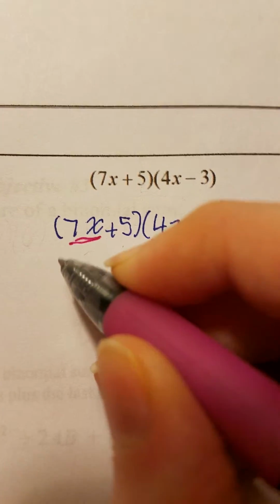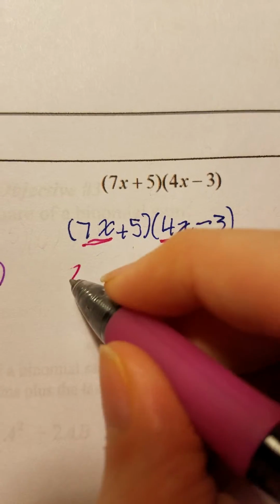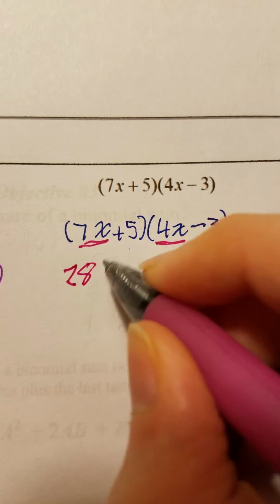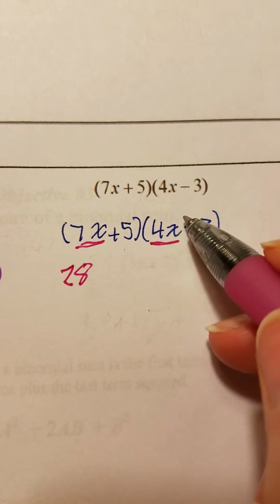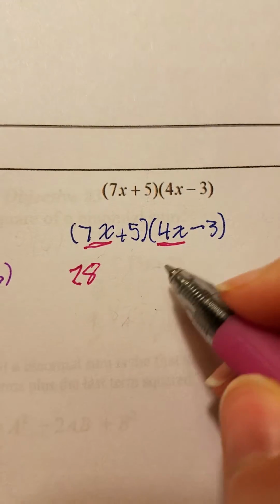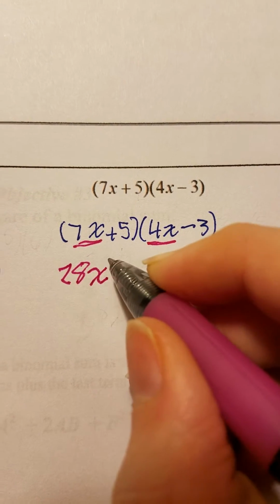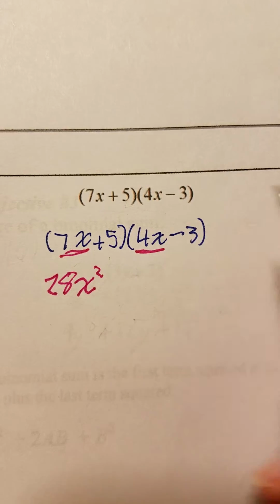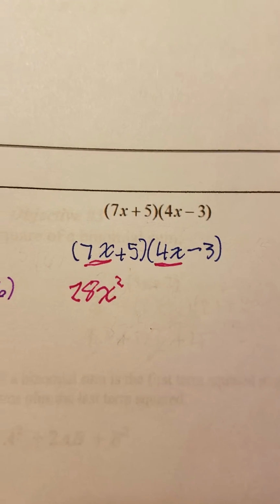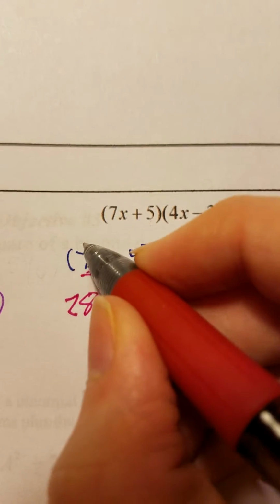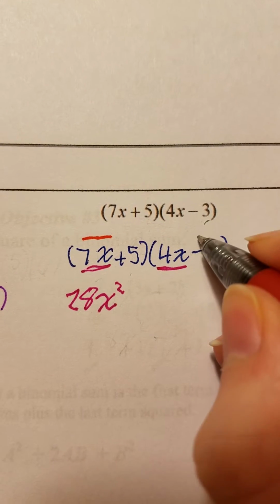Yes, 28. 7 times 4 is 28. Now, x times x, you got the 1 on each side, so what does that mean? It means you add the exponents, so you have 28x squared here. Okay, that's your first.